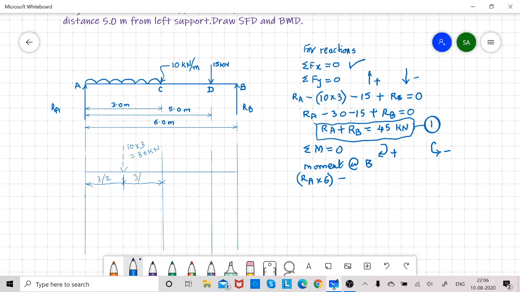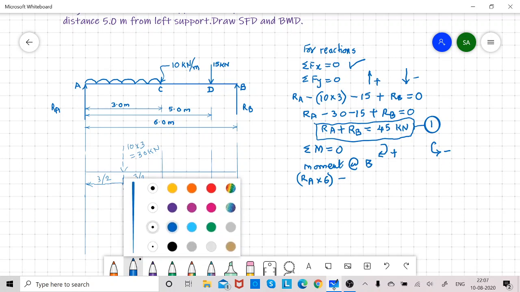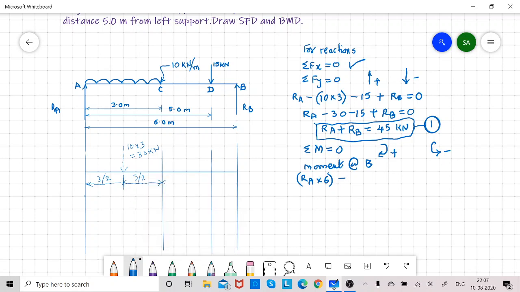So in this case 3 by 2, that is 1.5 from A and 1.5 from C. Now as we are taking moment about B, RA into 6 minus into bracket 10 into 3 is the total UDL and it is acting at a distance 3 by 2 plus 3.